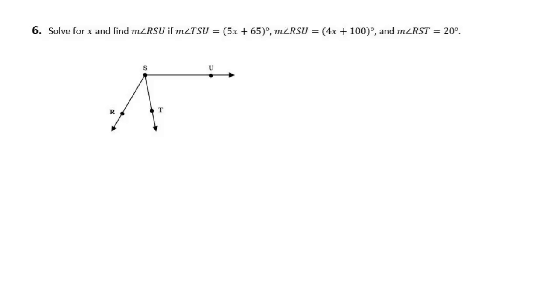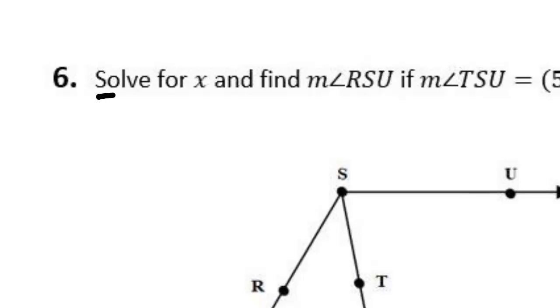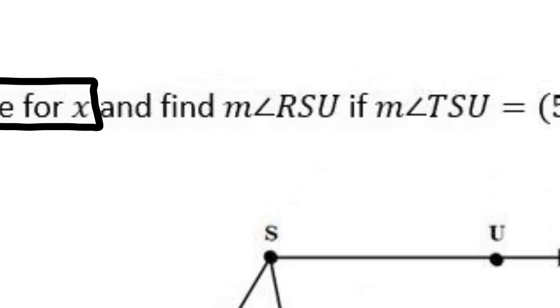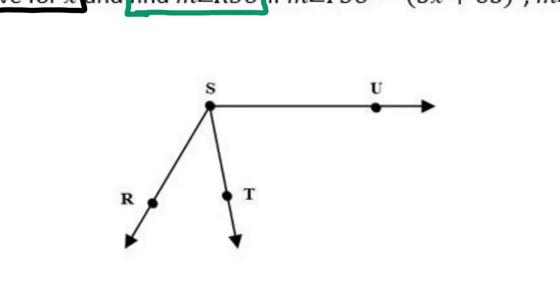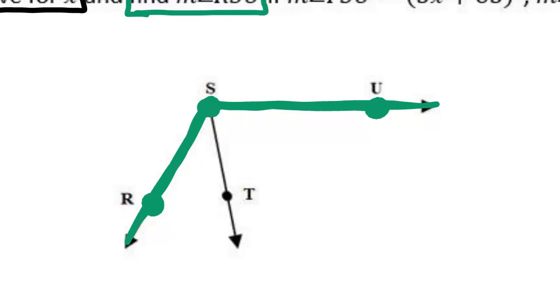We are supposed to solve for x, and then we need to find the measurement of angle RSU. Well, let me go to the picture and find RSU. Here's R, here's S, here's U. So this big angle right here is RSU from one side to the other.